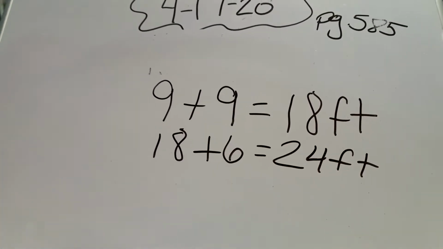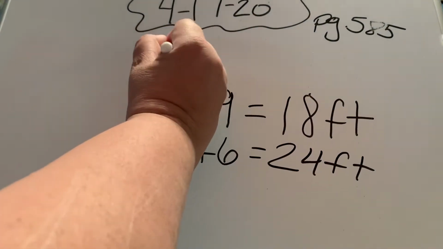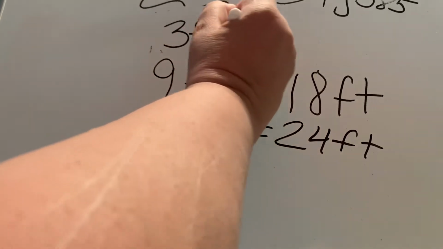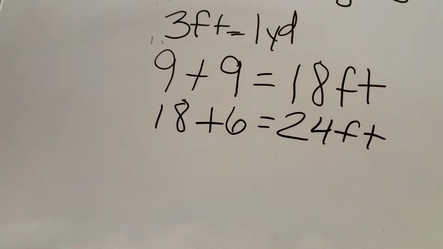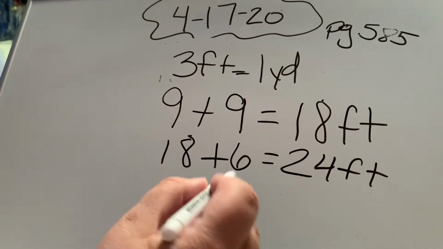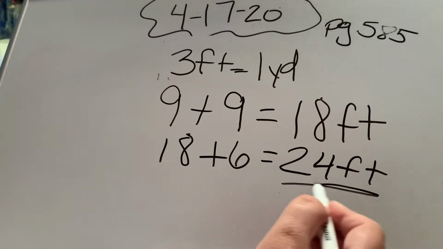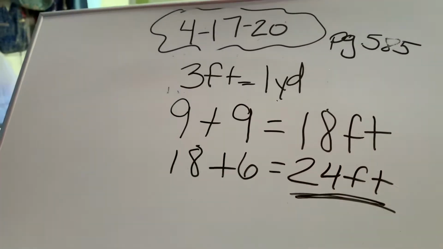Now, you remember, what was our measurement? There are 3 feet in 1 yard, remember? Okay? So, what are we going to do? He needs 24 feet altogether. So, how do we figure out how many yards he needs?